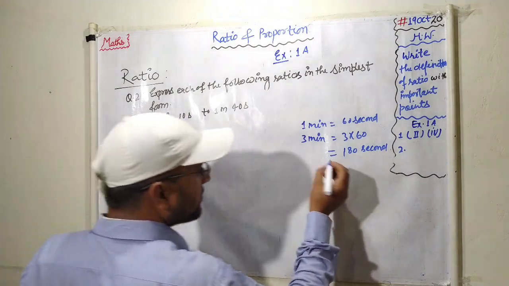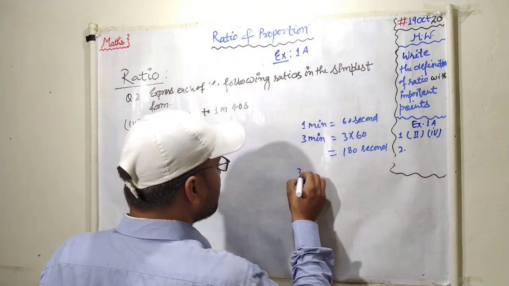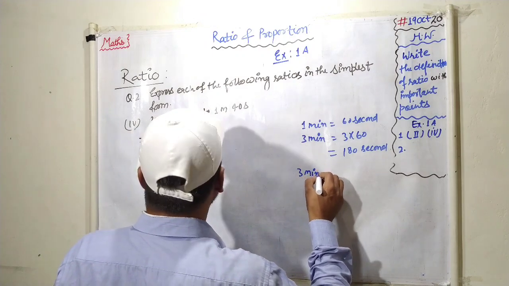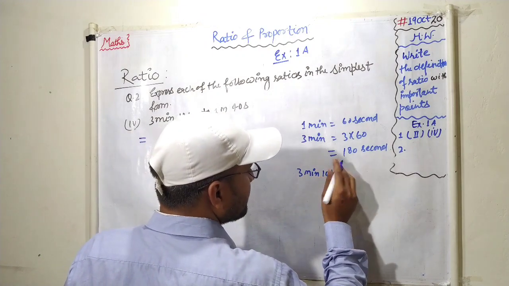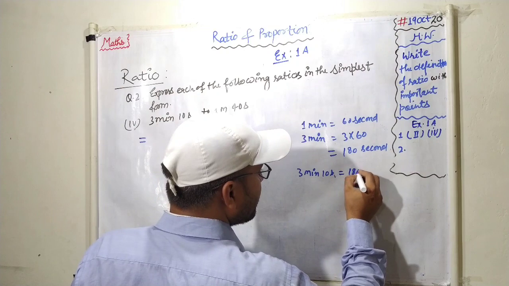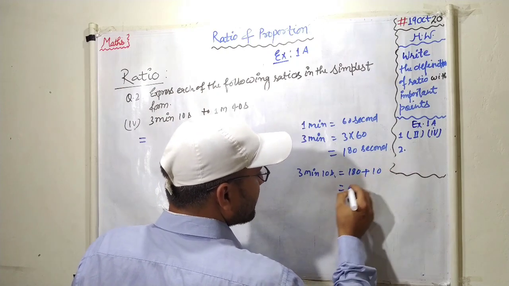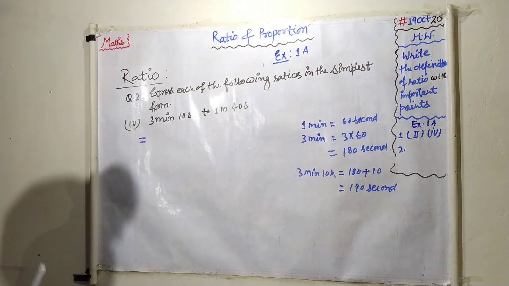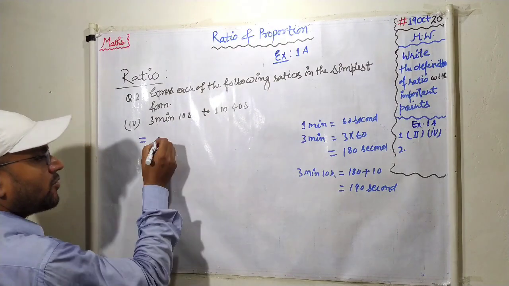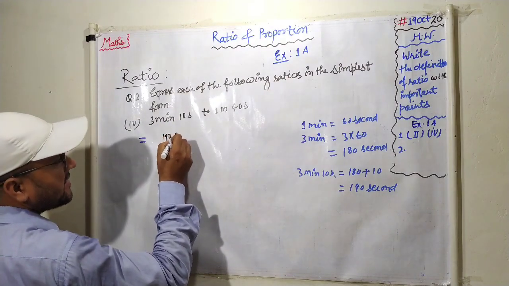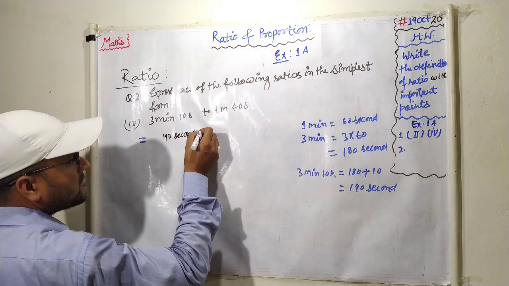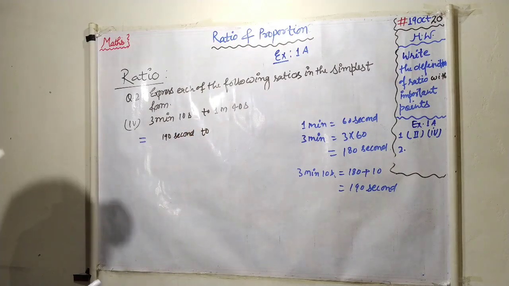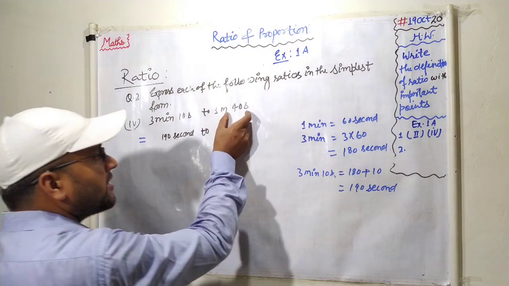And here you also have 10 seconds in the first term. So 3 minutes and 10 seconds is equal to 180 plus 10. You will get 190 seconds. So for the first quantity in this place you will write 190 seconds, okay, to 1 minute 40 seconds.